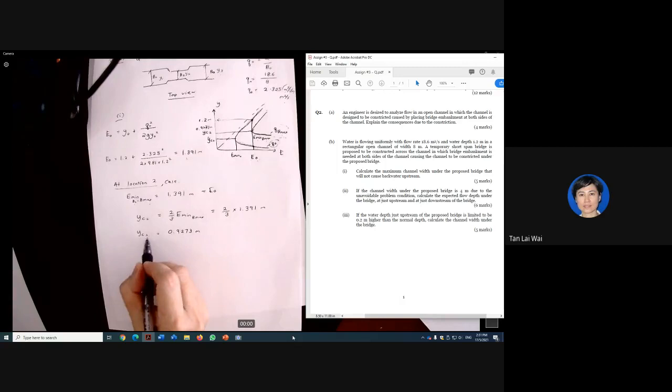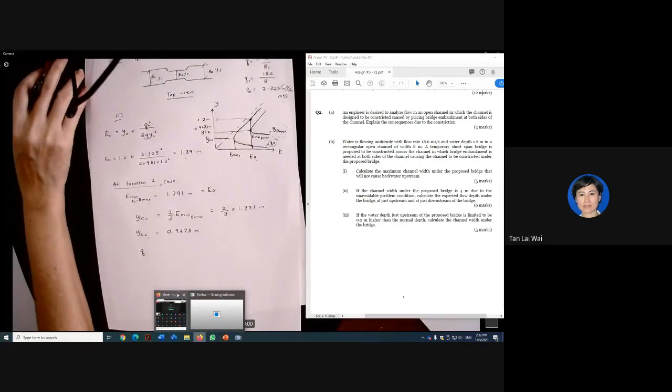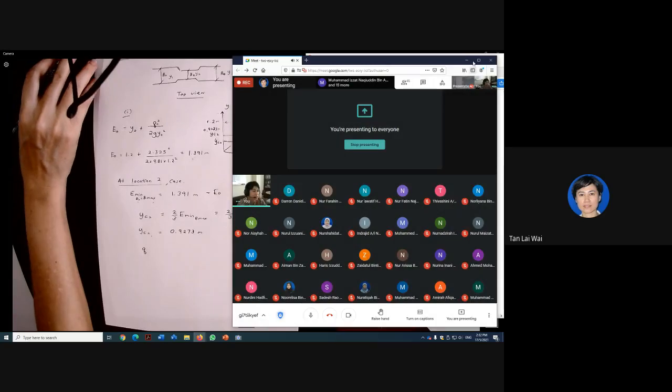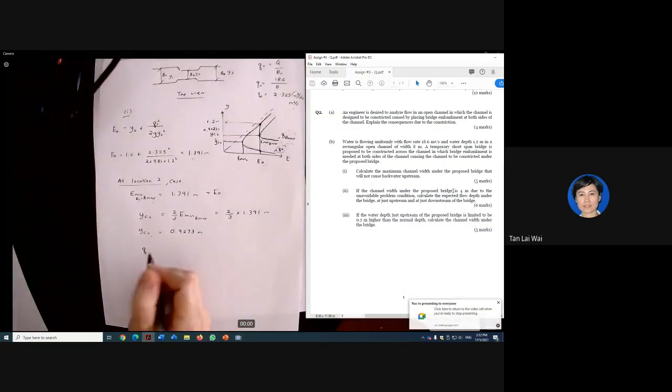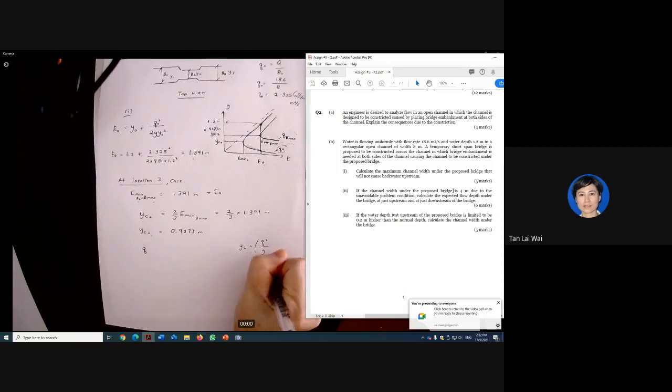Now once you have YC2, can you give me a formula that relates YC with Q? That means I wanted to find Q. What is the formula that relates? Can anyone give me the formula? Remember this, we have YC equals Q squared over G to the power of 1 over 3, or cubic root.